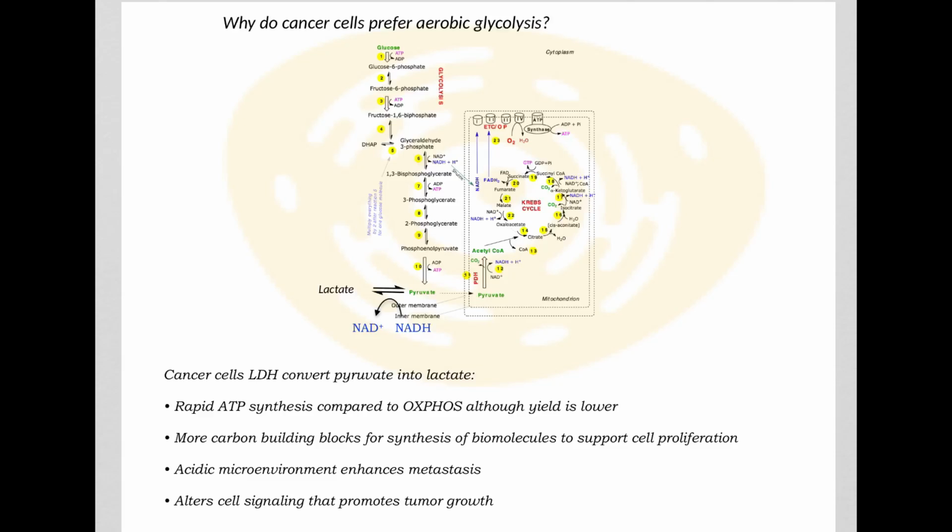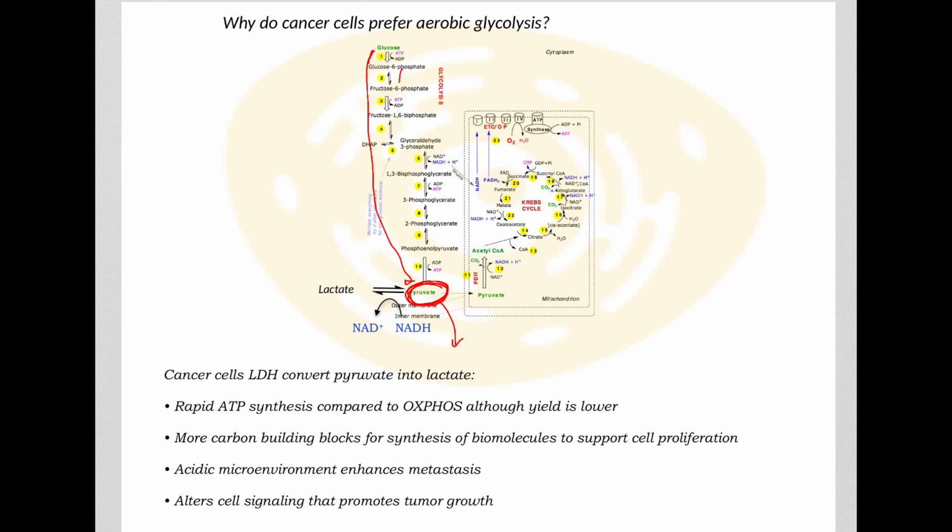So in this respect, glycolysis is better because in glycolysis, glucose is converted into this carbon raw material pyruvate, and this pyruvate carbon material can be converted into many other raw materials that can then be used to make all kinds of biomolecules, including nucleotides, amino acids, and lipids.